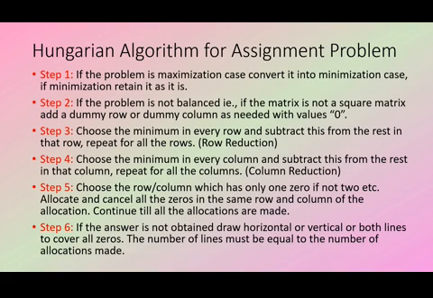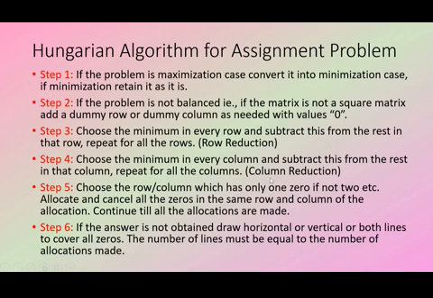Consider the column minimum to be 0 and subtract 0 from the remaining elements of the same column so that the remaining column elements will remain the same. So we need not bother. If you have a non-zero, you will be subtracting it. If it is a 0, if you subtract a 0, the values remain the same. So it doesn't matter.